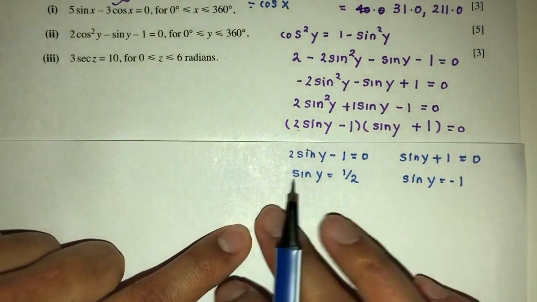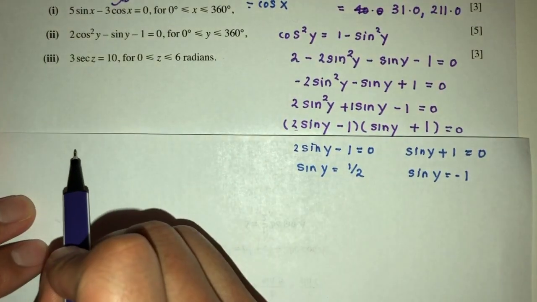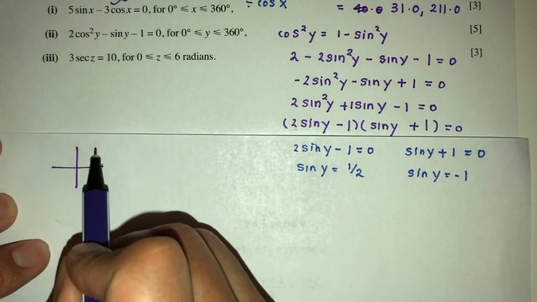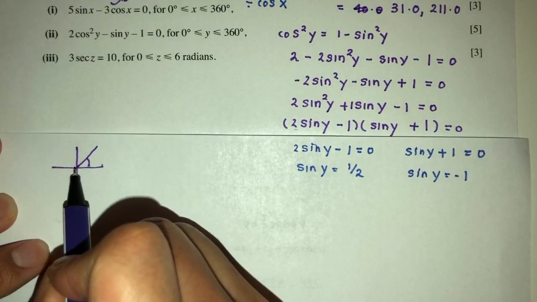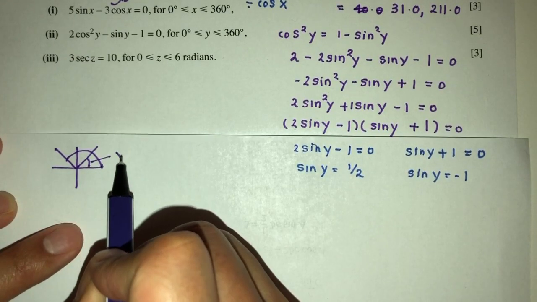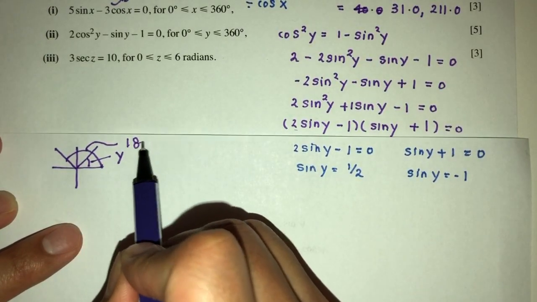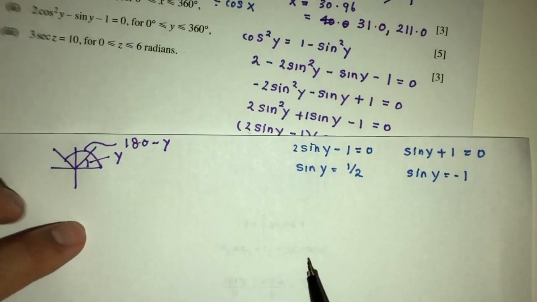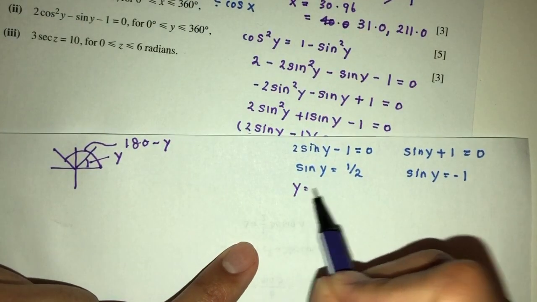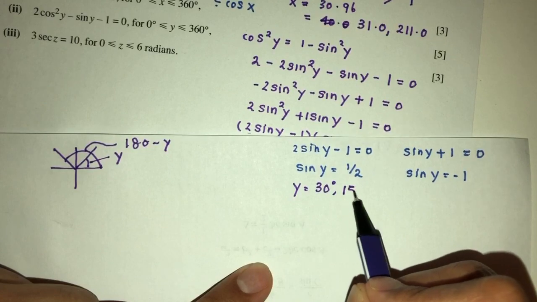Let's take a look at one by one. When sine is positive, it will be in your first quadrant and in your second quadrant. The first value here will be the value of y directly, and this one will be 180 minus y. So y will be sine inverse of half, that should be 30. 180 minus 30, that should be 150.